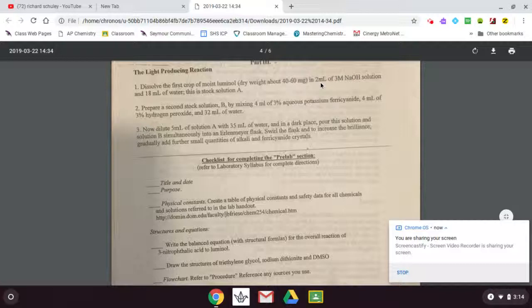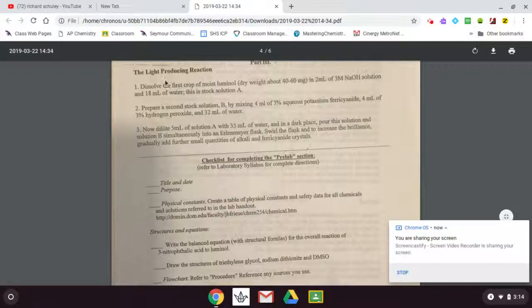Put that in with 2 milliliters of 3 molar NaOH solution, and then 18 milliliters of water. Call that A. And then B, I'll have the 3% aqueous potassium ferricyanide, and I'll have the 3% hydrogen peroxide. And then you just mix that with water.